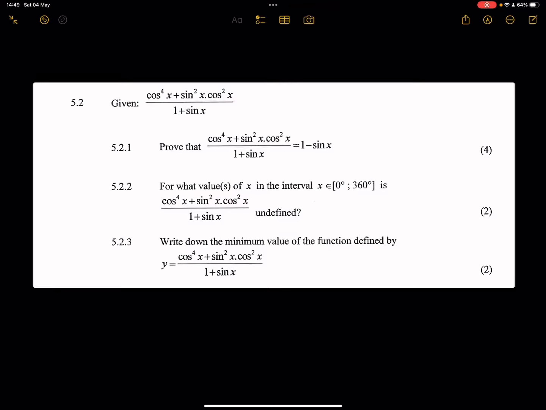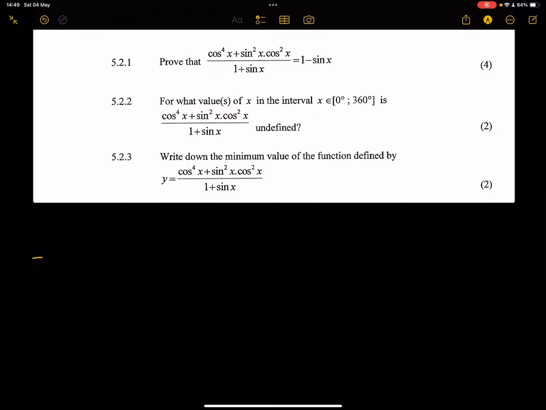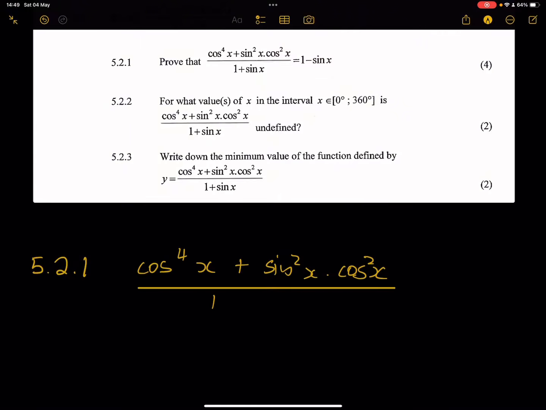Now we're going to use our identities here. So first of all, we're trying to prove cos to the power 4 of x plus sine squared of x cos squared of x divided by 1 plus the sine of x is equal to 1 minus sine of x.